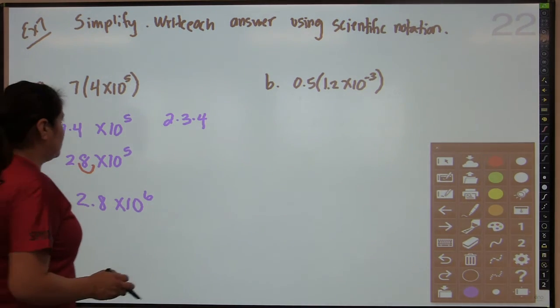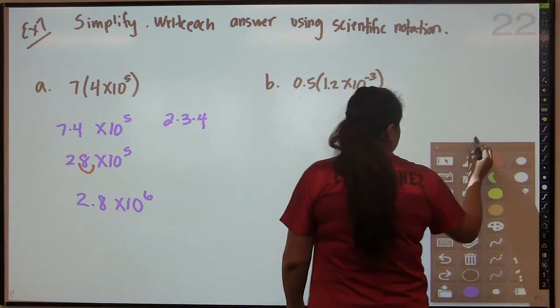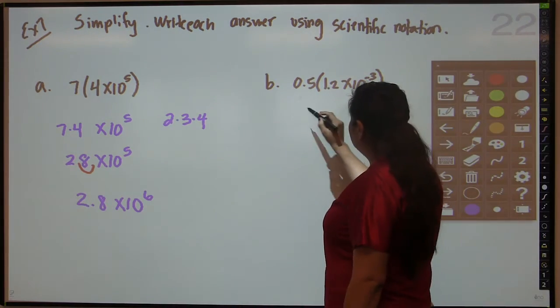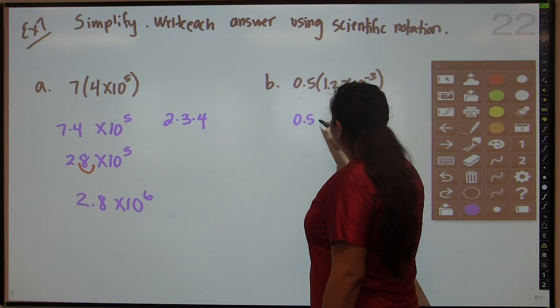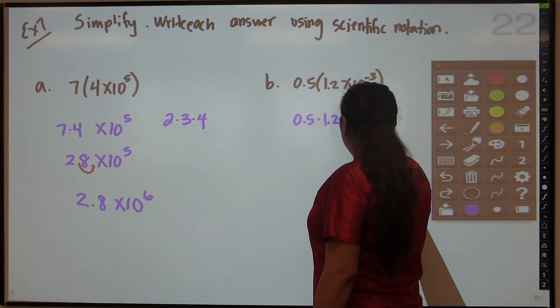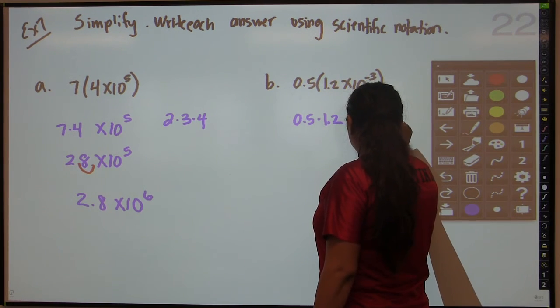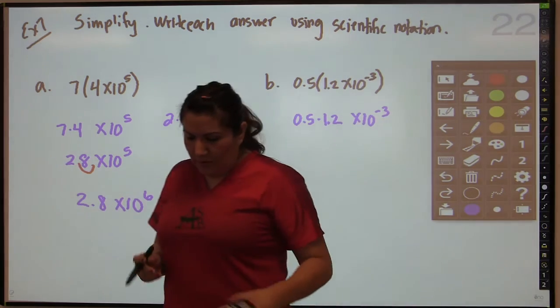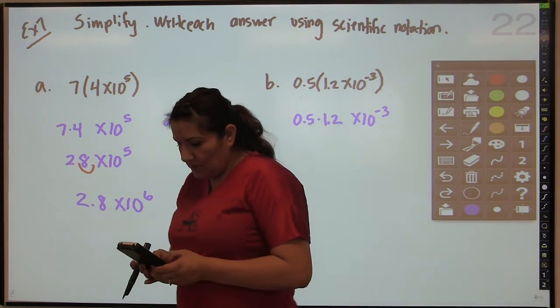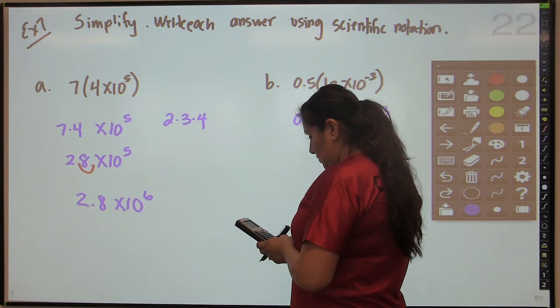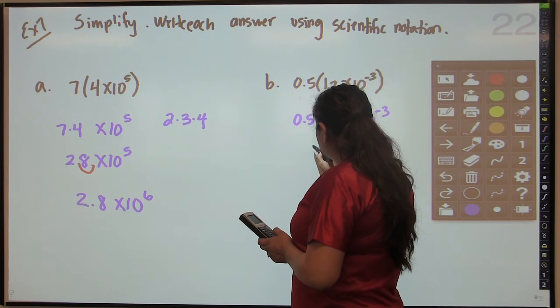So in a similar fashion, we're going to come over here and do the same thing. We're going to take 0.5 times 1.2 and then times 10 to the negative 3. Okay? So 0.5 times 1.2 is 0.6.